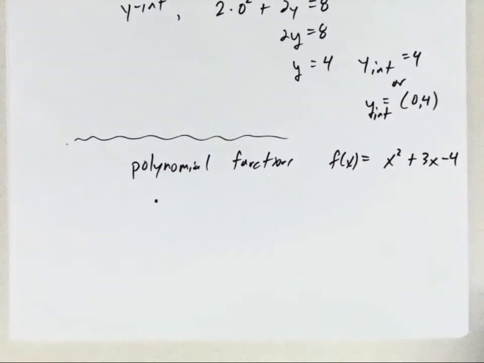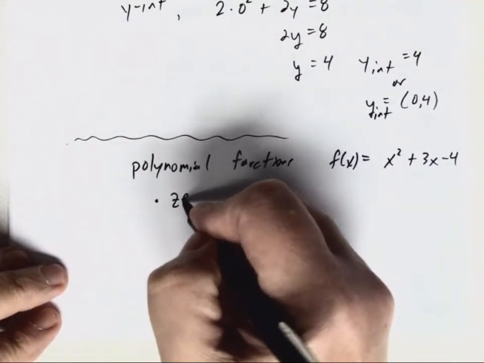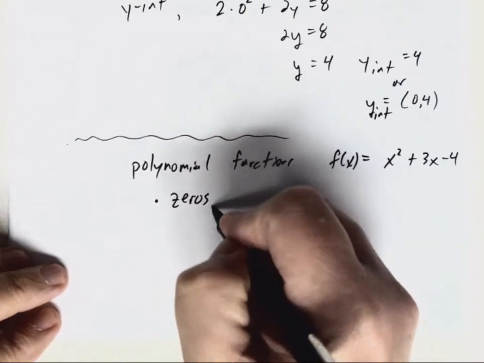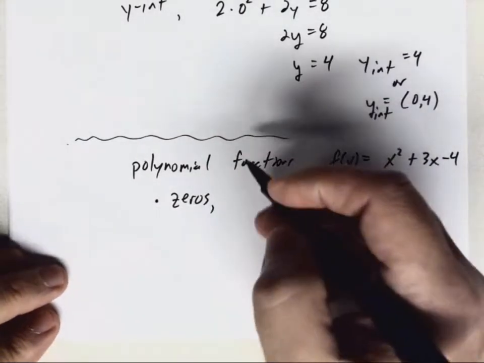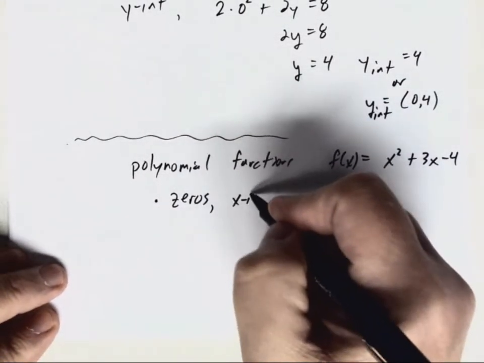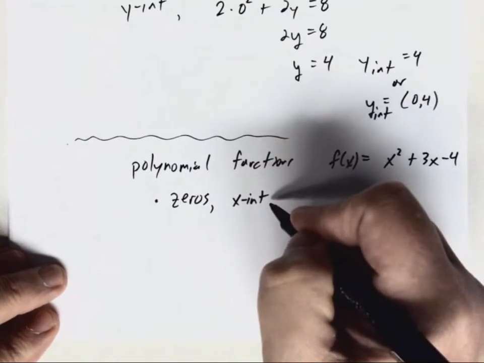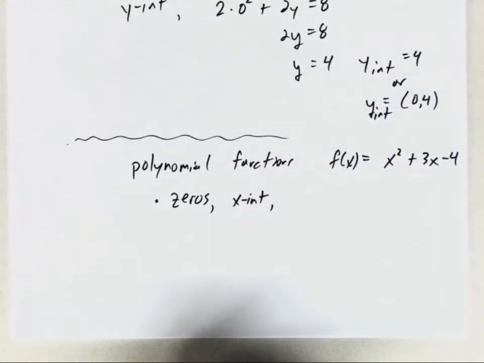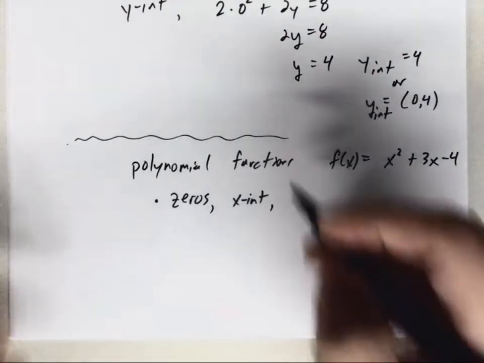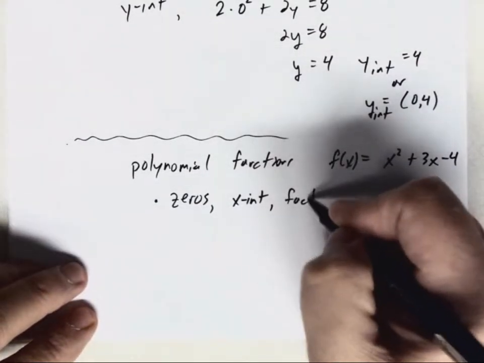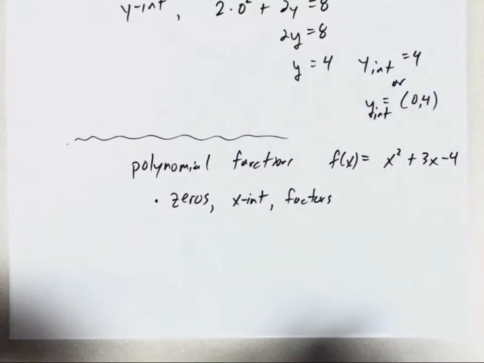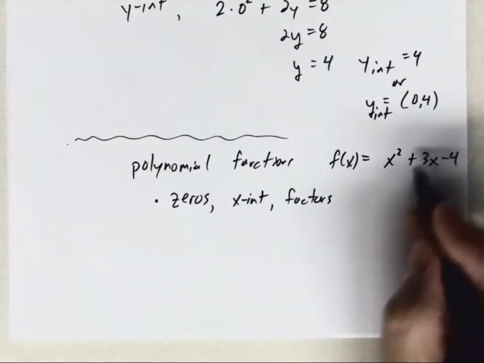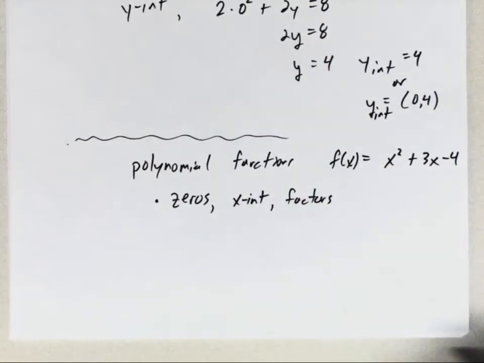So we're given this function, and here are the things that we're going to try and determine. We're going to figure out what they call the zeros. We're going to figure out something we just talked about. They're going to ask us to determine the x-intercepts of this function. Something else they're going to ask us to determine are the factors of this equation.